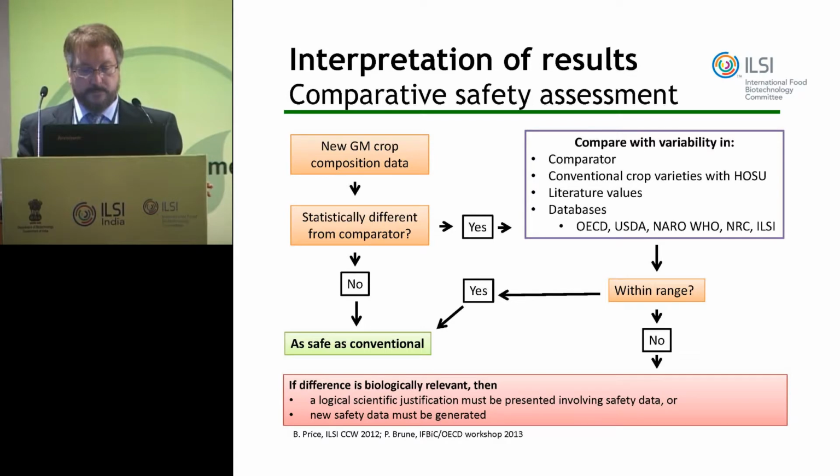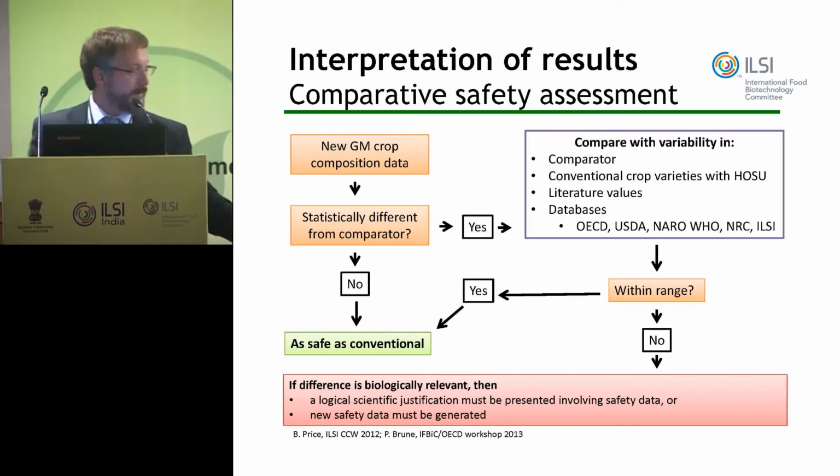In that case, we look at how much variability is present in the comparator, and in conventional crop varieties that have a history of safe use, and values reported in the literature, in the databases available from different sources, with the ILSI database being by far the largest and most comprehensive.